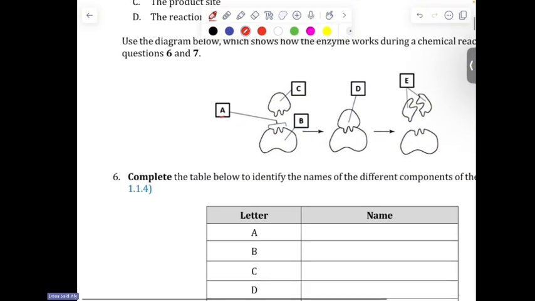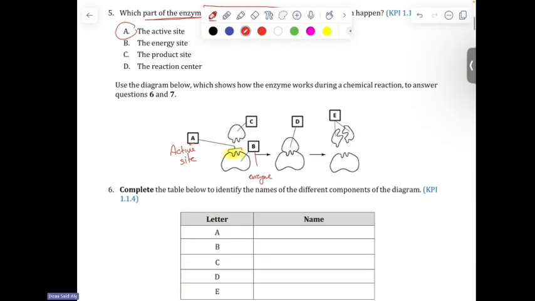I will zoom in. Here, the arrow is pointing to just a part of the enzyme. What do we call it? We call it active site. So what is B? B is the enzyme itself. Then C. C, this is the substrate or the substance that binds to the active site.